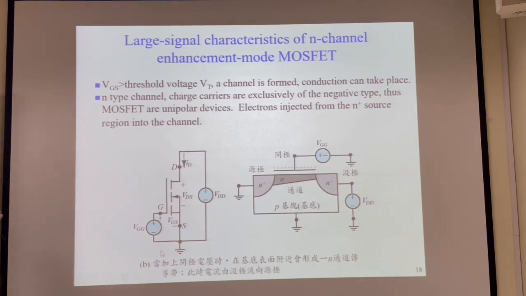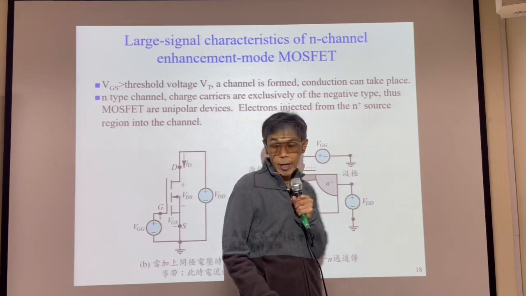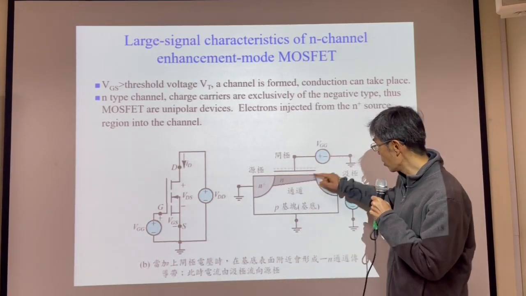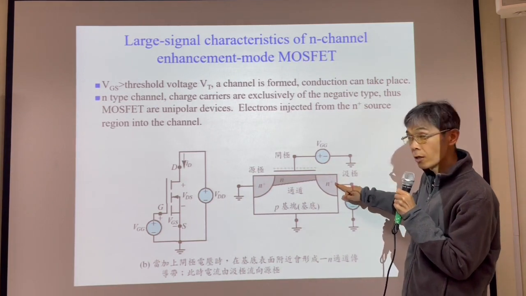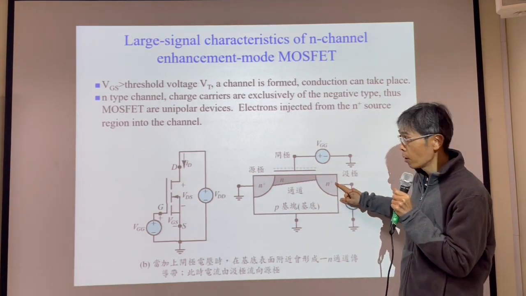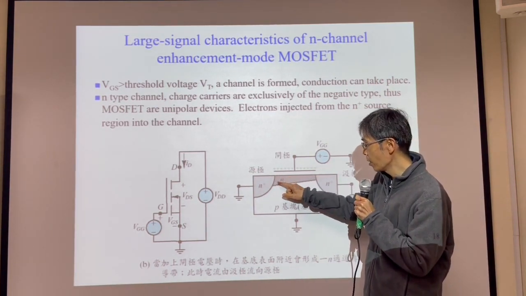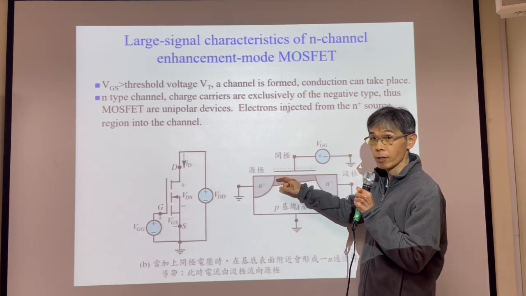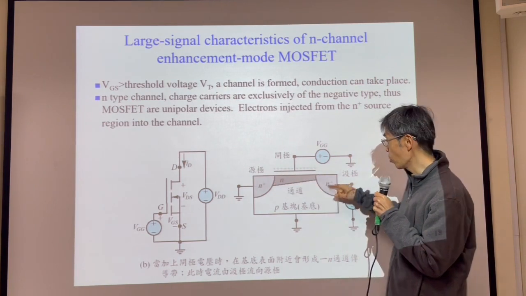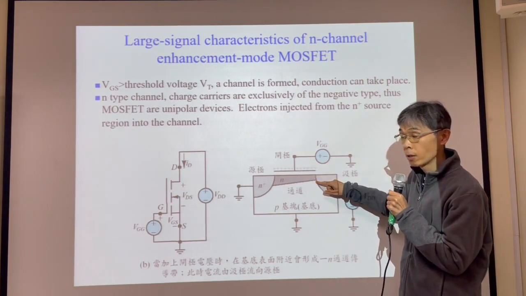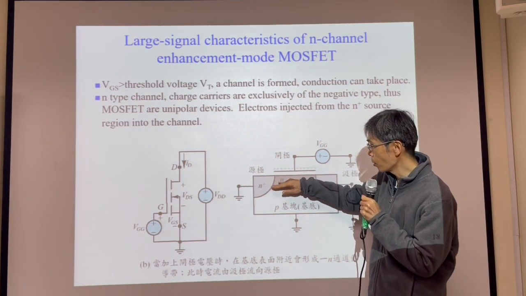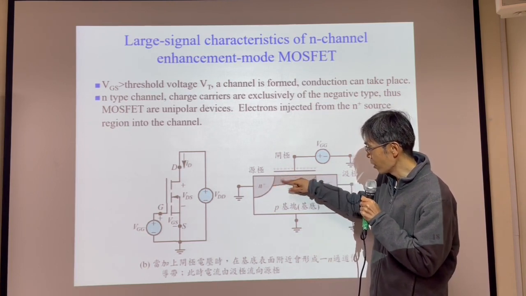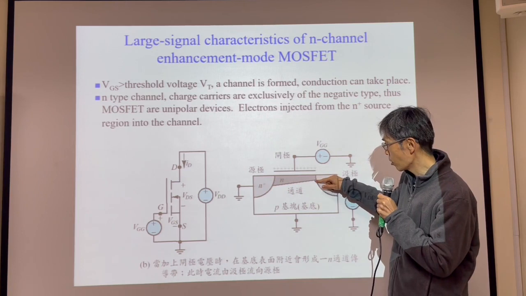And you may notice they are not symmetric. So this is positive, this is negative. This is positive, but this is a little bit positive. So we have positive, negative, and the electric field is larger here compared to the electric field here. So we have more N channel here than the N channel here.